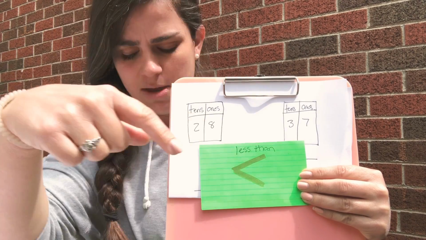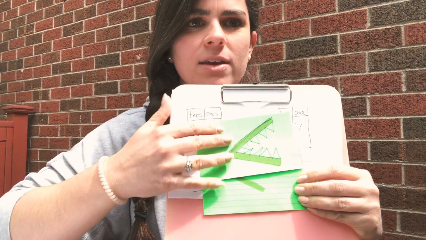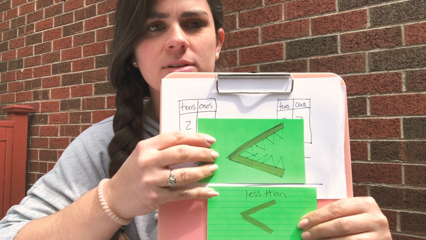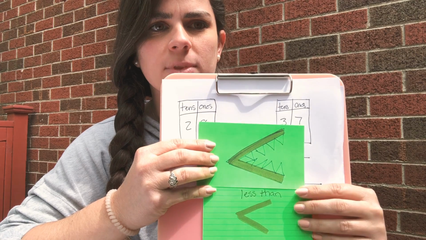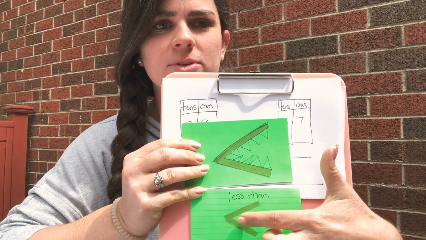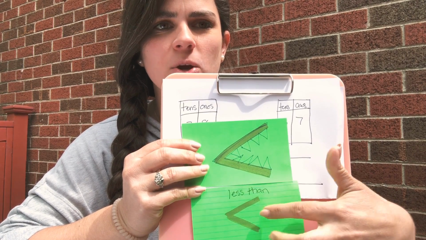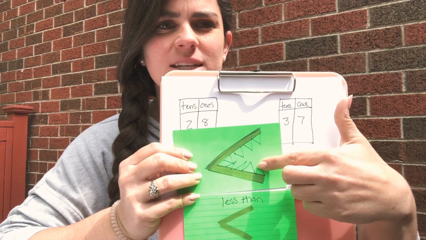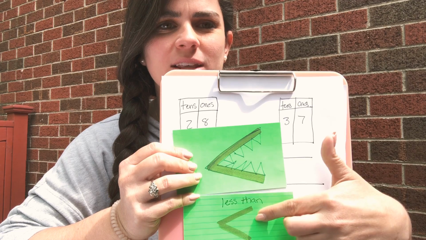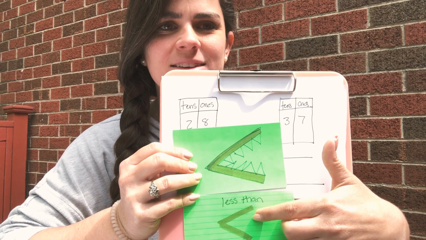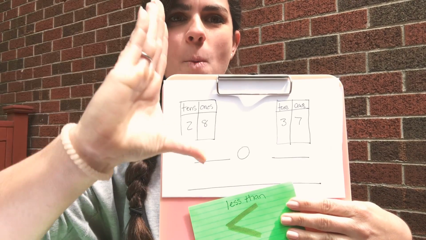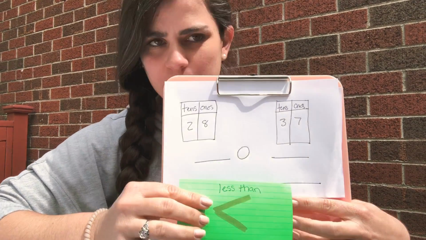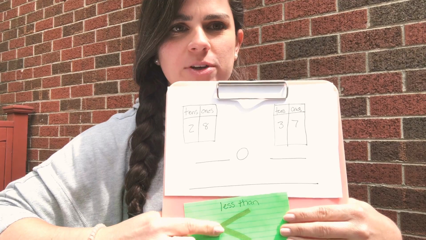What do you notice about the alligator and the math symbol? The math symbol still has an opening towards the bigger number. So it's just the alligator without the teeth. So you're still going to be putting the open mouth towards the bigger number so it can eat it. That will help you remember which way to put your symbol.